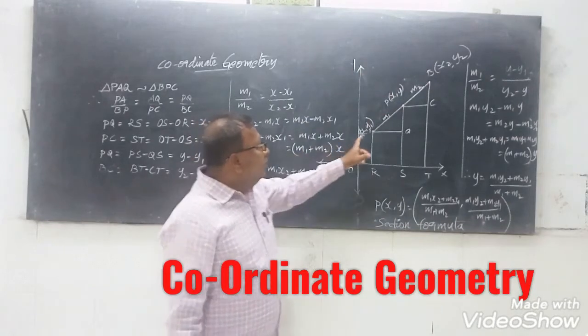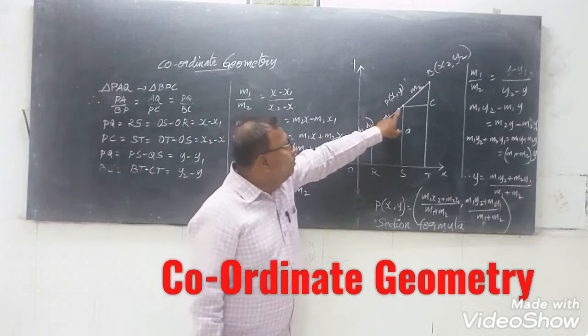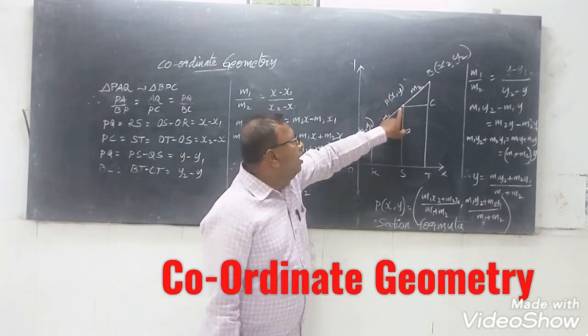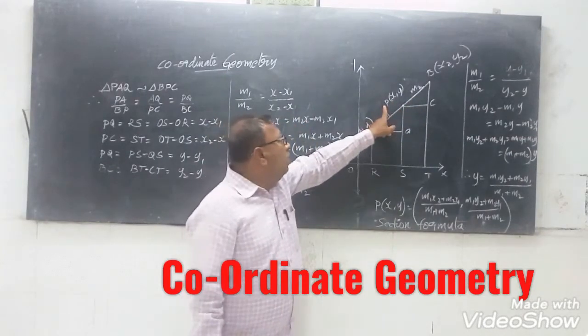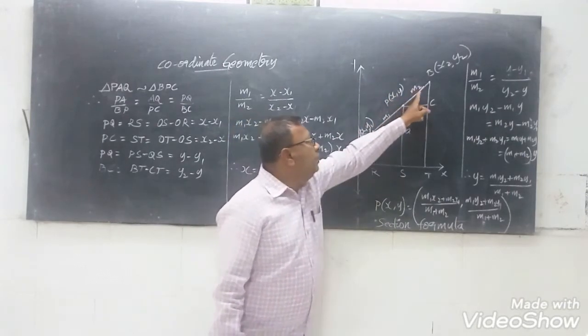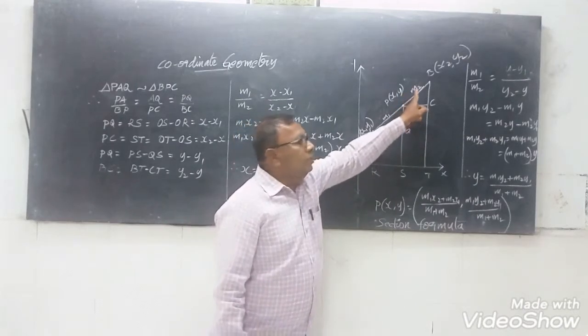Now imagine we have joined these two points, and imagine another point P whose coordinates are x, y lying on AB. Now this point P(x, y) is dividing AB in the ratio m1 is to m2.